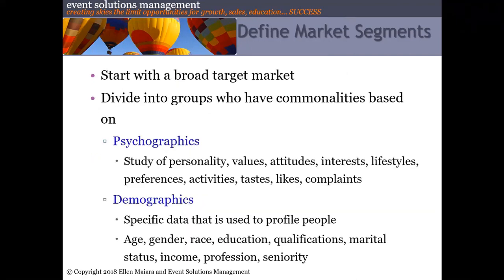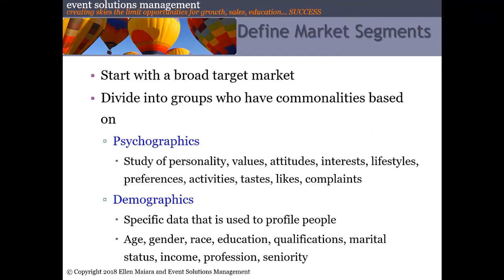So start with your broad target market, and then divide the groups who have commonalities based on psychographics or demographics. This clean eating might be a psychographic. It's a study of personality, values, attitudes, interests, lifestyles, preferences, activities, tastes, likes, and complaints.